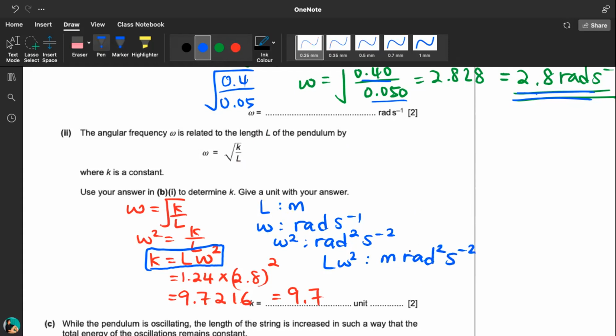But radian is not actually a real unit, right? It's just a radian. So you can just take the unit as m s to the minus 2. Usually we don't have to write radian, since it's not an actual unit. So we can just write 9.7 m s to the minus 2.